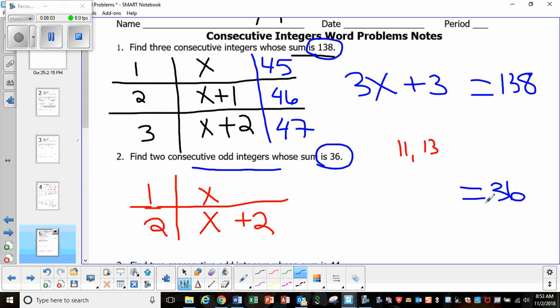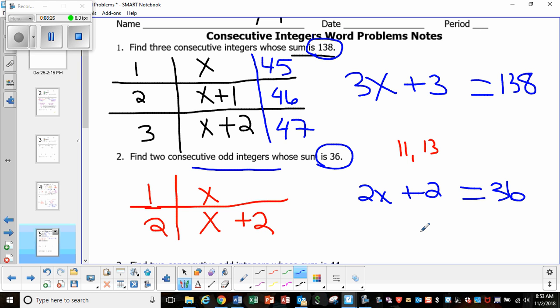So now I know that the sum, or the equals, is 36. So if I combine like terms, guys, how many x's do I have? 2, and my constant? 2. So if I solve here, I'm going to get what? Raise your hand when you found x after you've subtracted 2 and used the subtraction property of equality, and then you've divided by 2 and used the division property of equality.